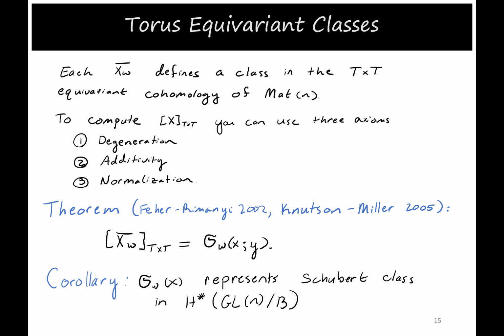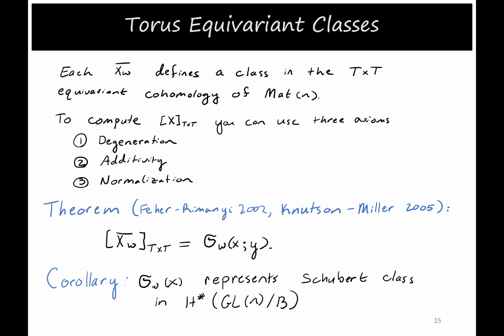They're preserved under nice degenerations, like taking Gröbner degenerations. If you have nice enough unions of things, you can just add their classes. And this normalization axiom says if you have a coordinate subspace, the class is very easy. In this setting, it amounts to a product of binomials given by the variables that you're zeroing out to get your coordinate subspace.